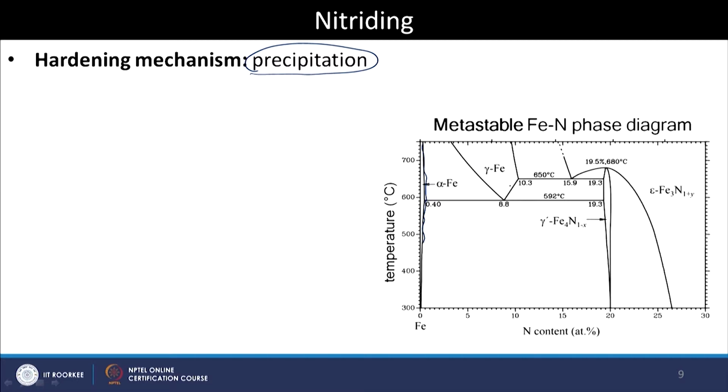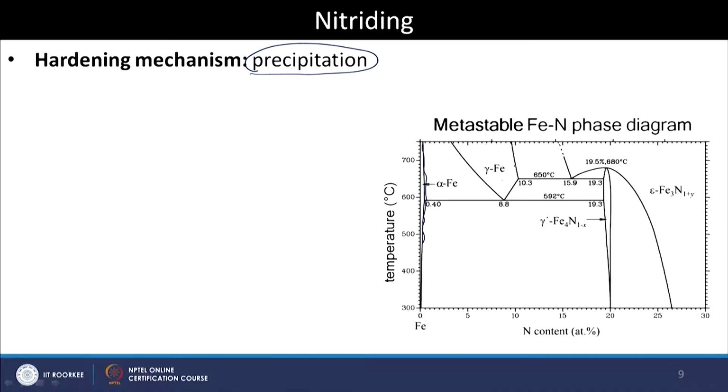The reason being, this is what we are doing with carburizing, where I am able to produce a carbon enriched layer that can produce martensite. The same thing can be done with nitrogen. You can produce an iron nitrogen austenite, which is enriched with nitrogen. When you cool it rapidly, you produce an iron nitrogen martensite. That is not the whole purpose because that can already be done by carburizing.